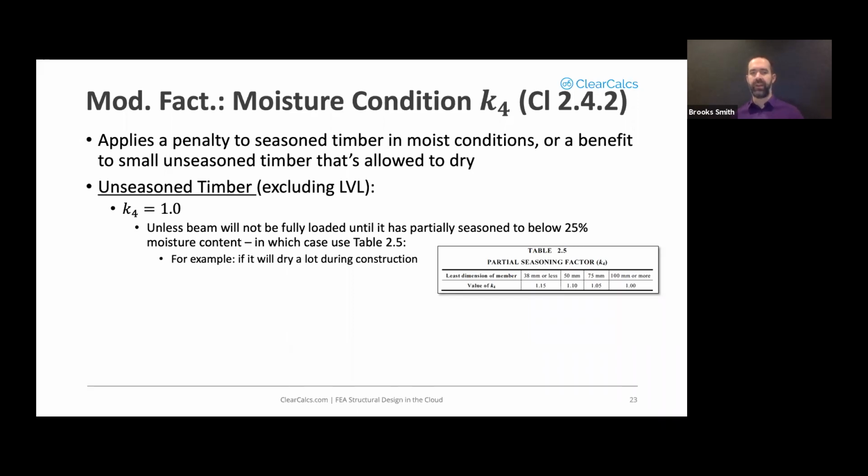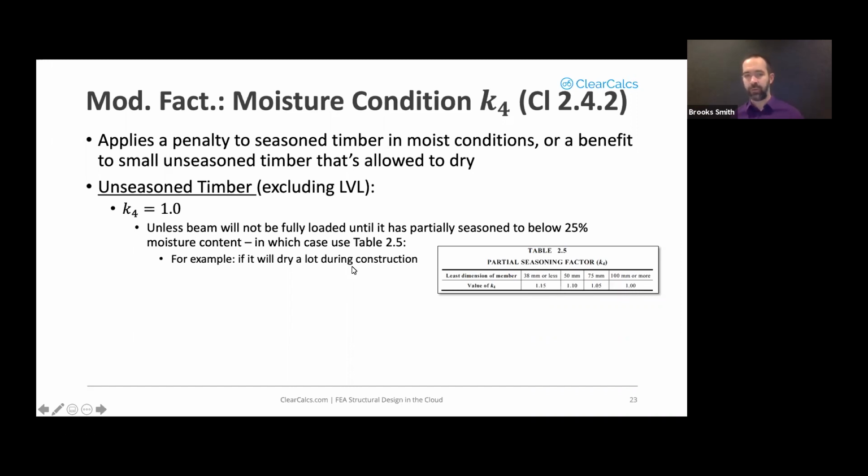The exception is if you have a beam that won't be fully loaded until it has partially seasoned to below 25%, as the standard says, moisture content. If that's the case, you use table 2.5, and depending upon the dimensions of your member, you use a K4 value shown in the table there.